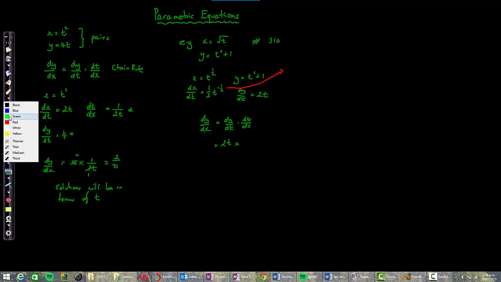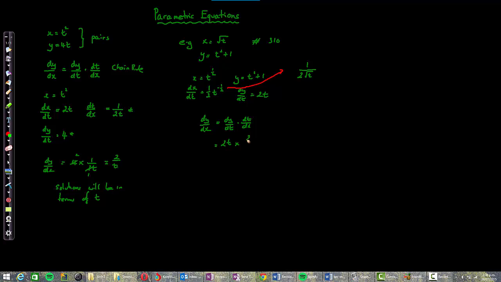I want to get a tidier fraction, basically. So that t to the power of negative a half, I could put that on the bottom. So the 1 would remain on top, the 2 would be on the bottom, and we would have the square root of t. Well, the reciprocal of that is what I need here.